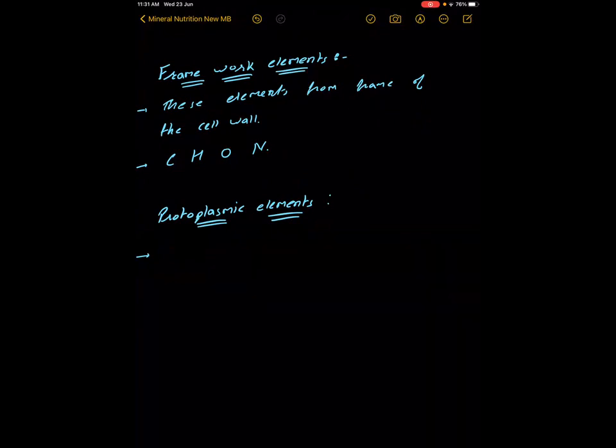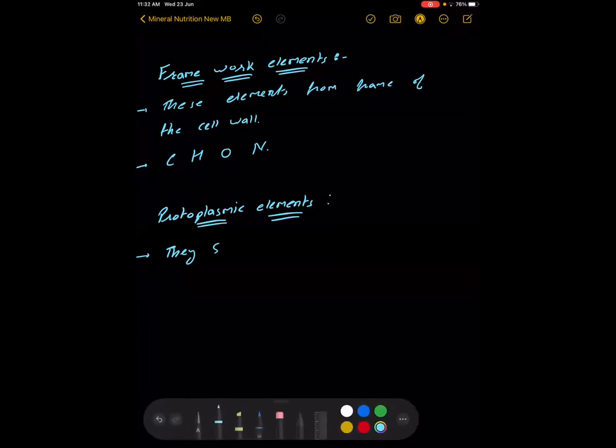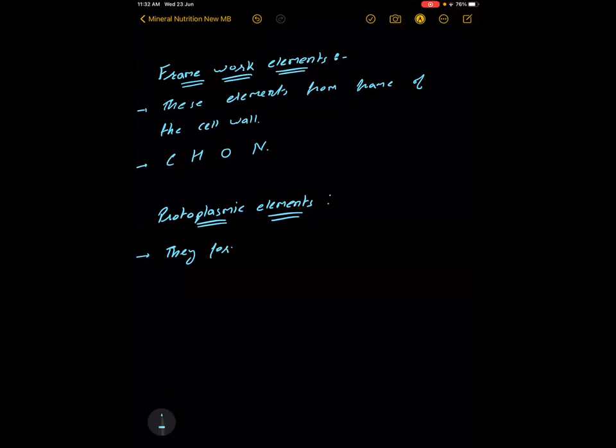So these are also essential for the protoplasm formation. They synthesize, not synthesize exactly, they are the components of the protoplasm of the cell.